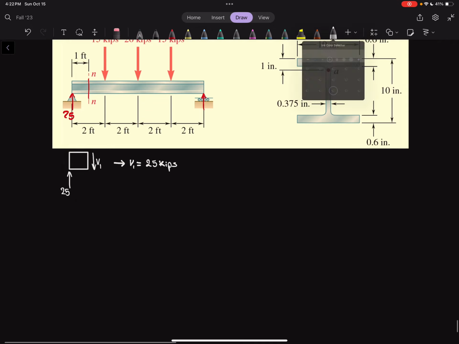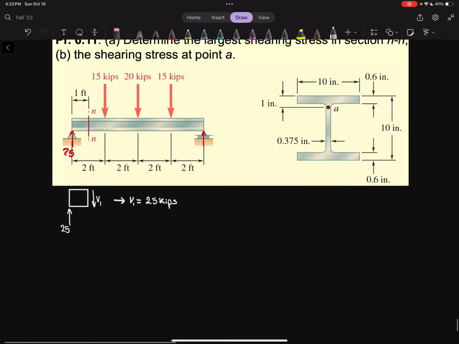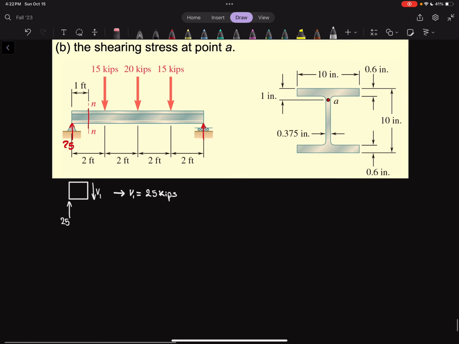Now we can find the largest shearing stress in the section by knowing that the largest shearing stress occurs at the neutral axis. The neutral axis is right here, so this is where my largest shearing stress is. And now we can say that tau max is going to be equal to VQ over It.